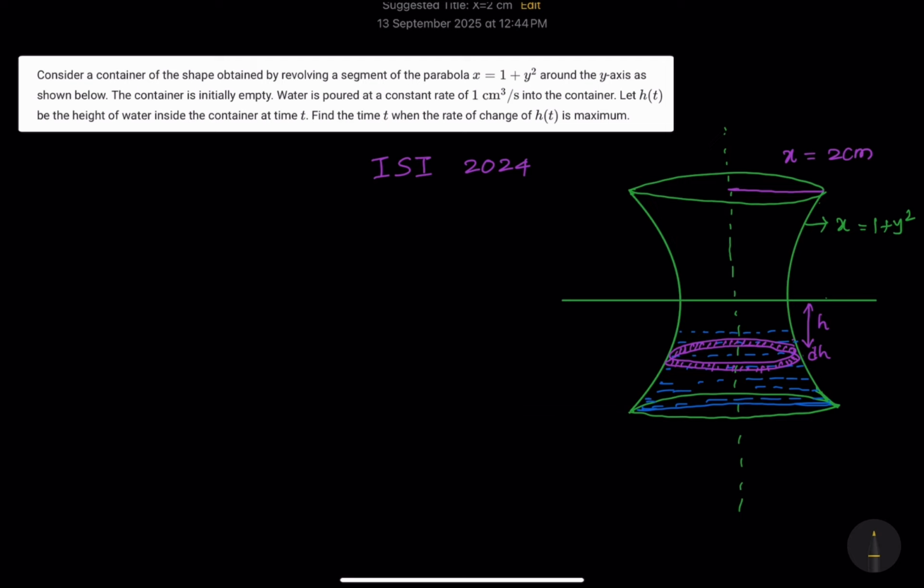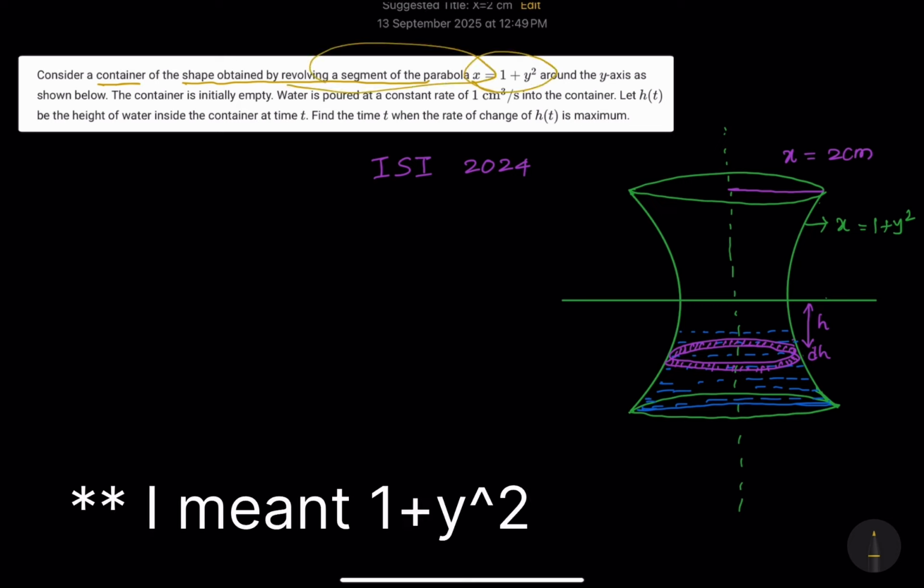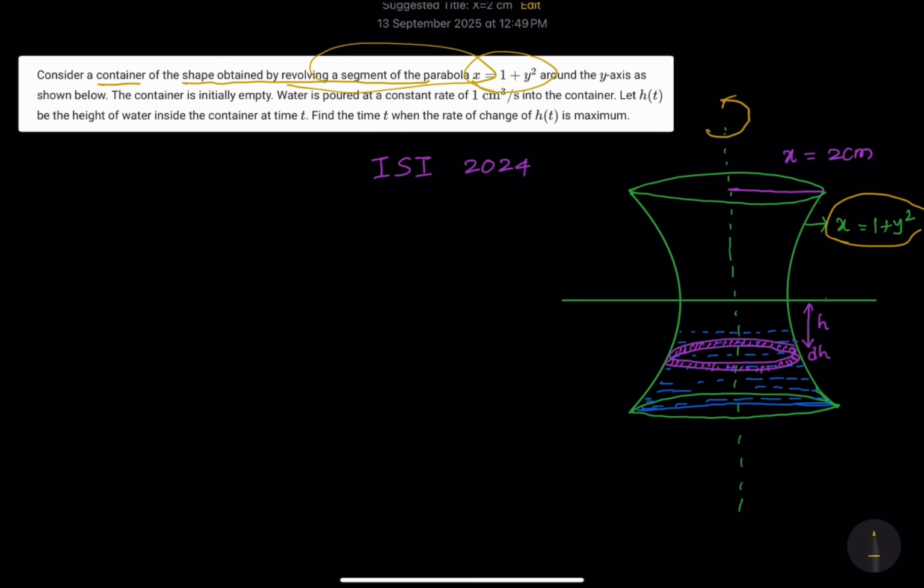So what do we have here? You are given a container and the shape of the container is obtained by revolving a segment of a parabola x is equal to y square. So you have this particular segment of a parabola x equals y square and you're going to revolve this segment of a parabola about the y-axis, and the segment considered is from y equals -1.